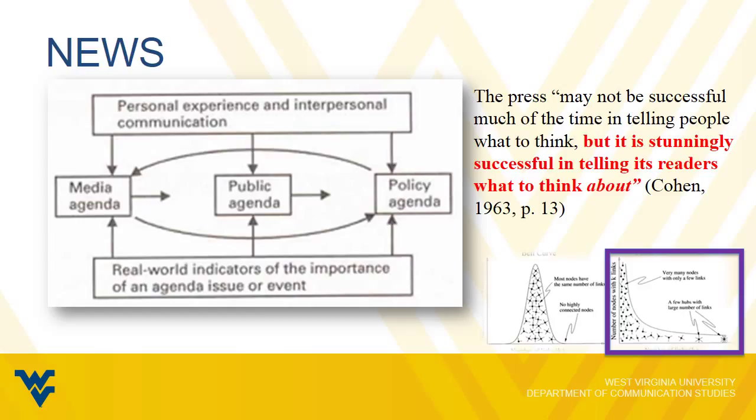The notion here is that oftentimes media reports about events do not necessarily bias us to think about whether something was good or bad. But the sheer fact that some events in society get a lot more coverage than others tells us what we think is more important or less important.